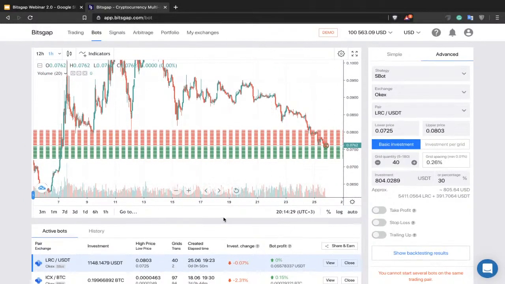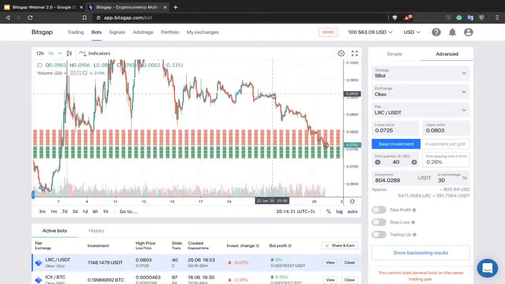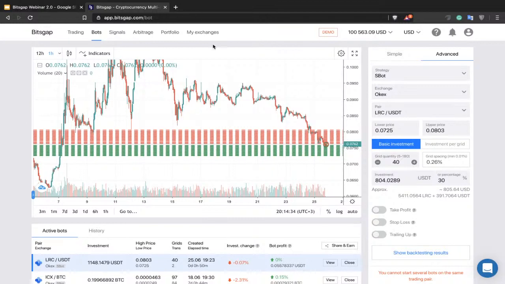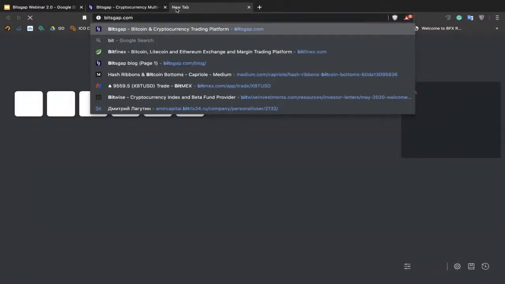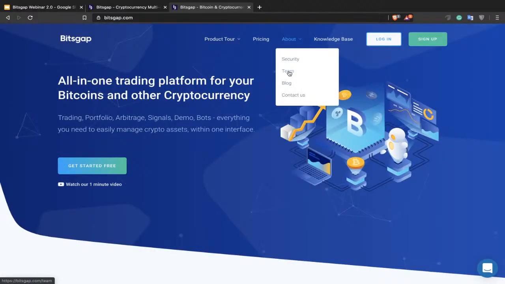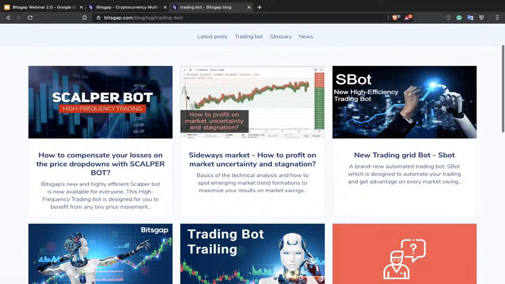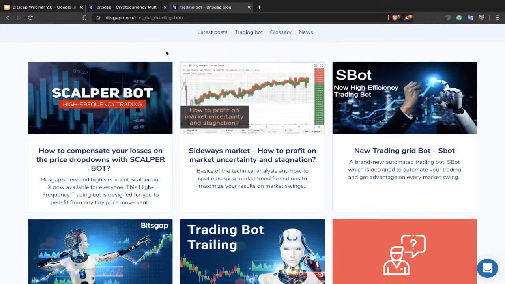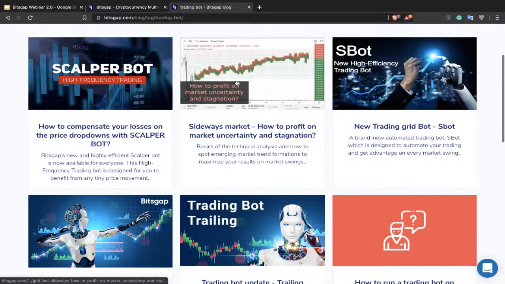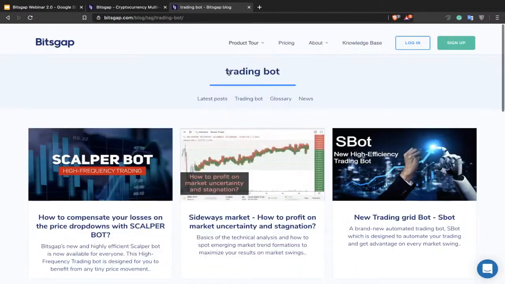And to find more of the use cases, go to the Bitsgap main page and go to the blog, and there is a section called trading bot, and here you can find all of the related information and all of the use cases are provided here.